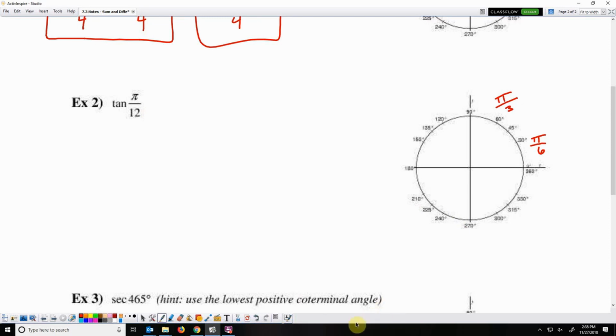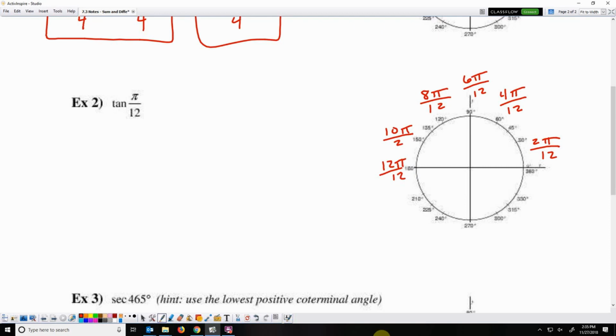So let's just do this all in twelfths instead. So 1/6 is 2/12. 2/6 is 4/12. 3/6 is 6/12. 4/6 is 8/12. 5/6 is 10/12. And 6/6 is 12/12.